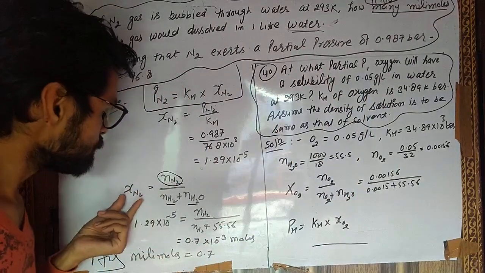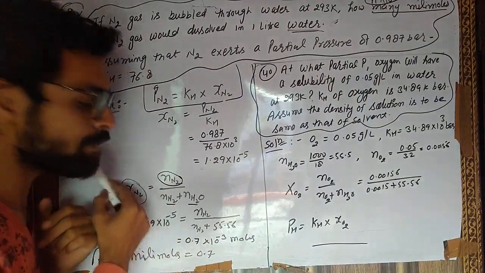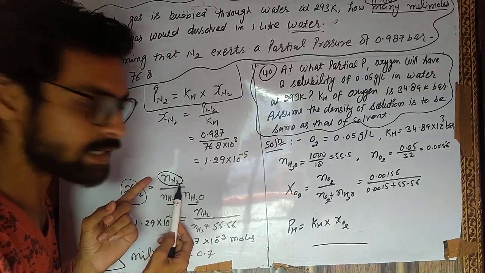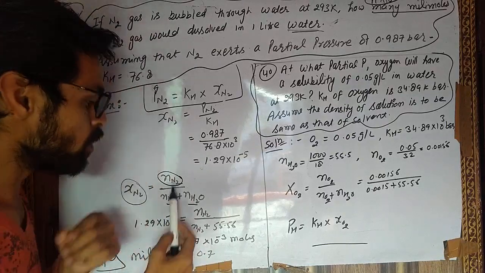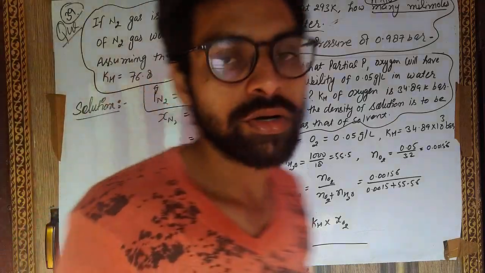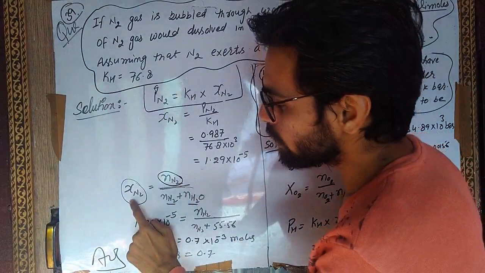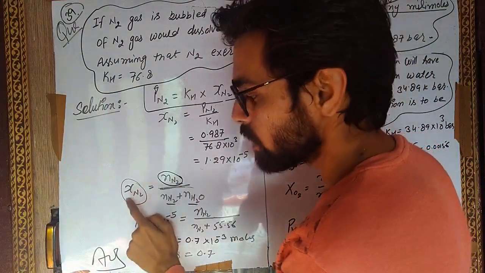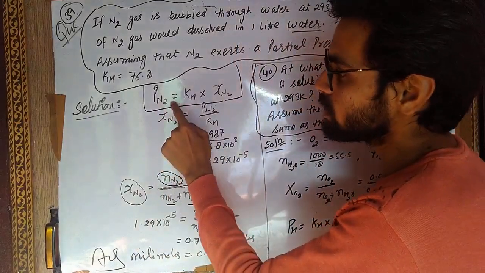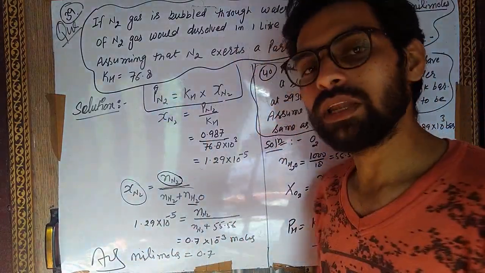So to calculate the mole fraction of nitrogen, you take moles of nitrogen in the numerator and divide by the total moles of components. If you calculate the mole fraction of nitrogen using this formula, then you can calculate the millimoles easily.